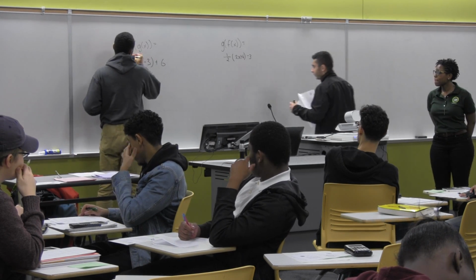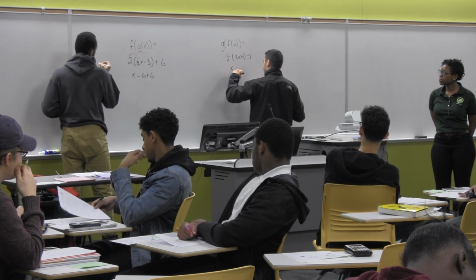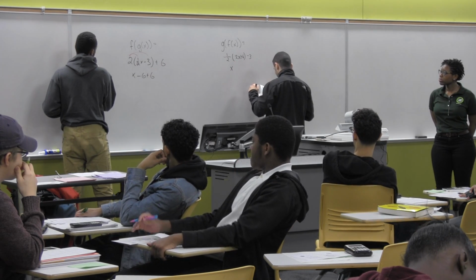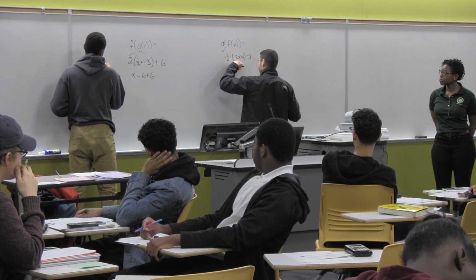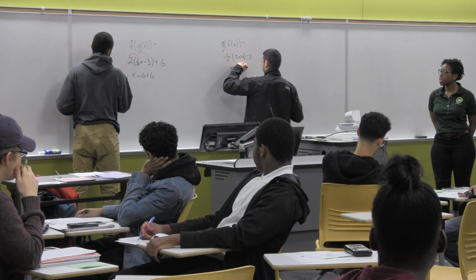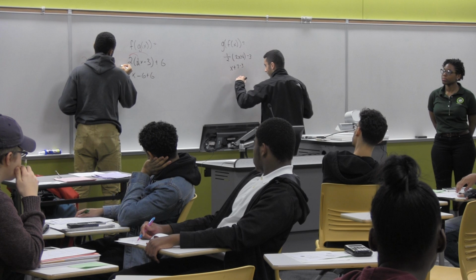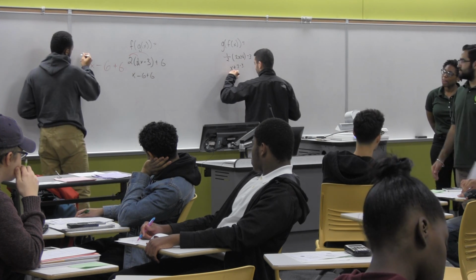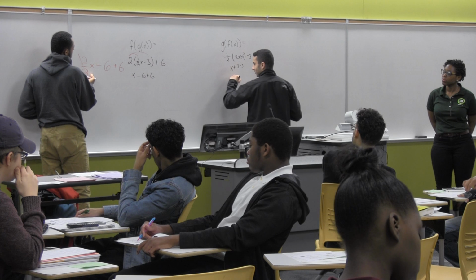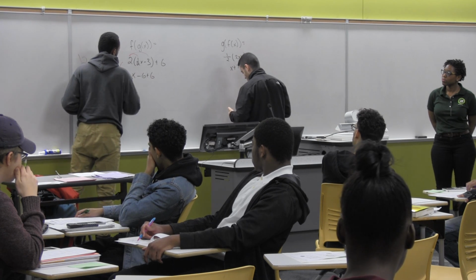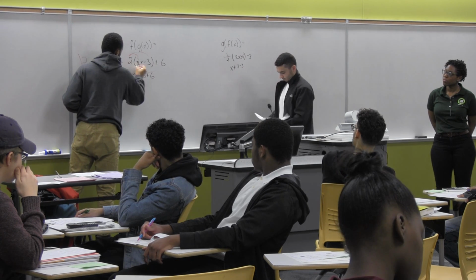So I just distributed these together, and basically I got 2 over 2x over 6. So that's 6. And then basically this is just going to be a 1, and then I can just cross this out, and then I'm left with an x.